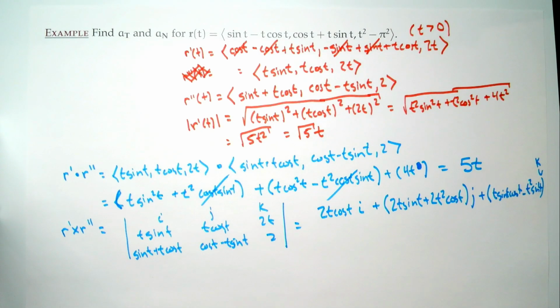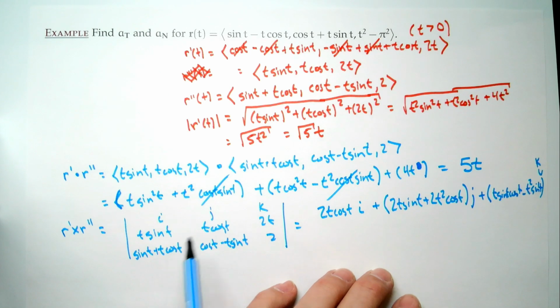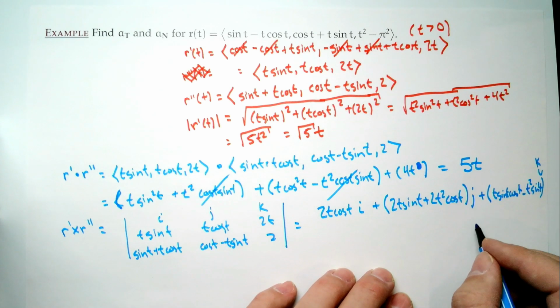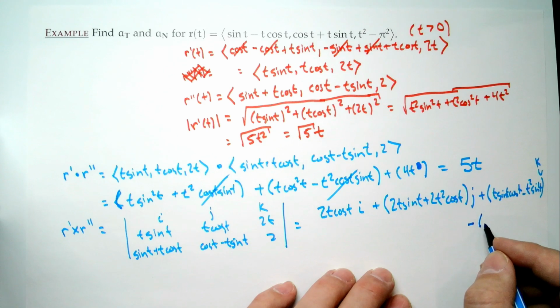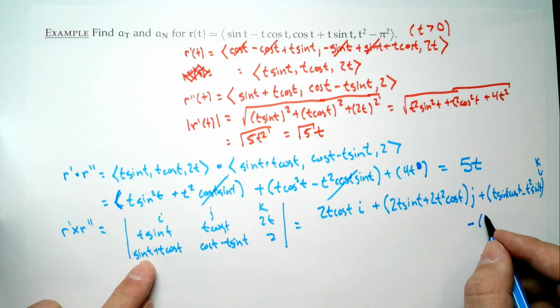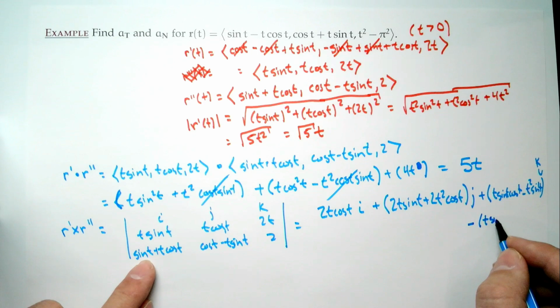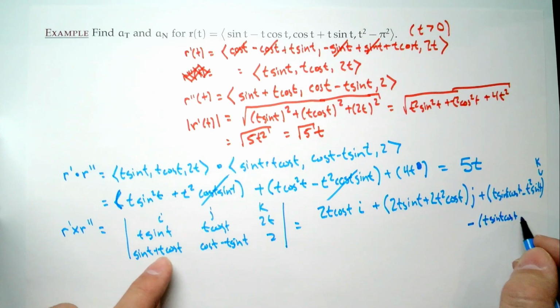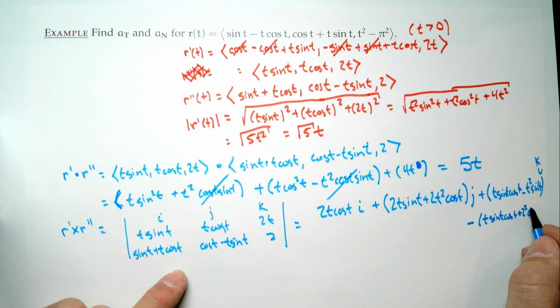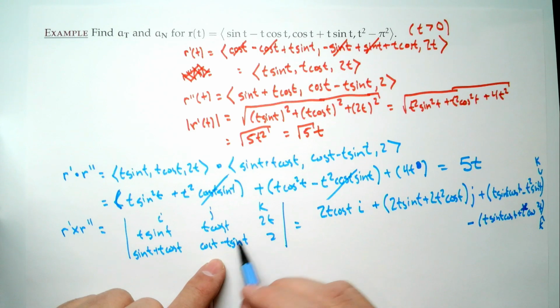We're not done yet. We went down, now to go up. Now it's sine t plus t cosine t times t cosine t, but I'm subtracting, so minus. That'll be t sine t cosine t plus t squared cosine squared t, and that's, again, k. For j, the next term will be i.